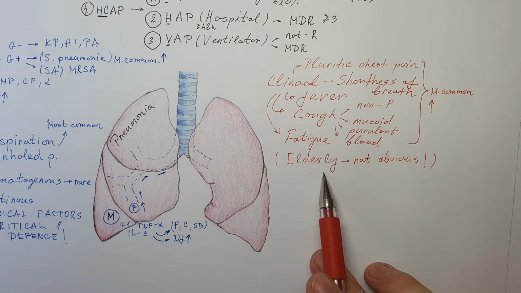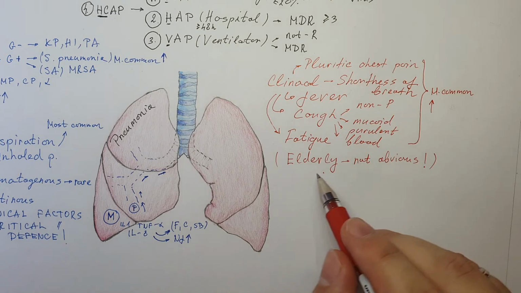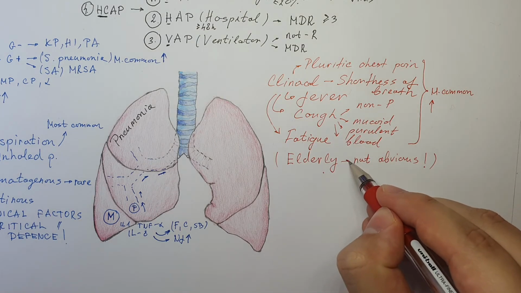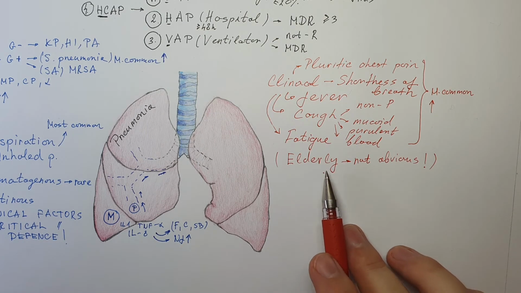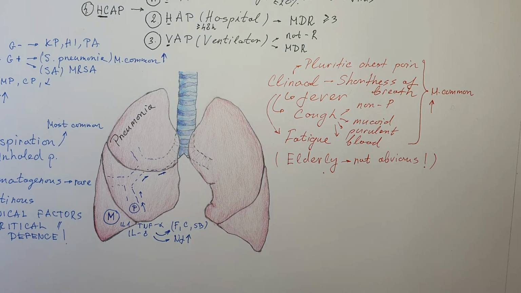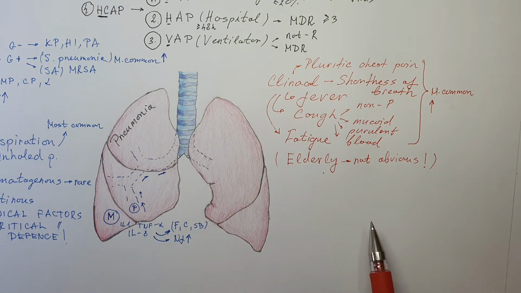Elderly patients sometimes come in with a pneumonia, and the only symptom can be, for example, a new onset or a worsening confusion. And only on checkup and on evaluating this patient, you find out that everything is caused because the patient is decompensating because of this pneumonia.